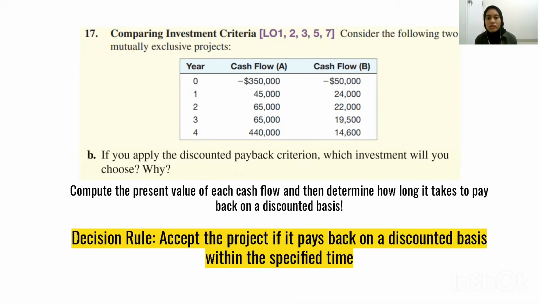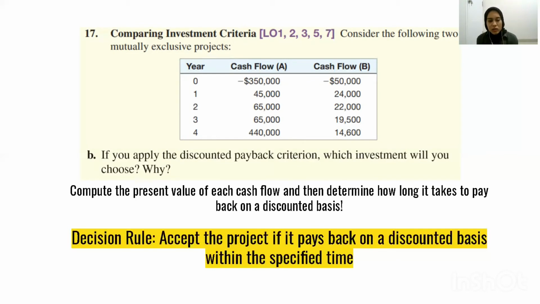In cash flow B, we paid 50,000 for the initial investment, and then in year 1 we have 24,000 in return, in year 2 we have 22,000 in return, and in the fourth year we have 15,600. So the question here: if you apply the discounted payback criterion, which investment will you choose and why?